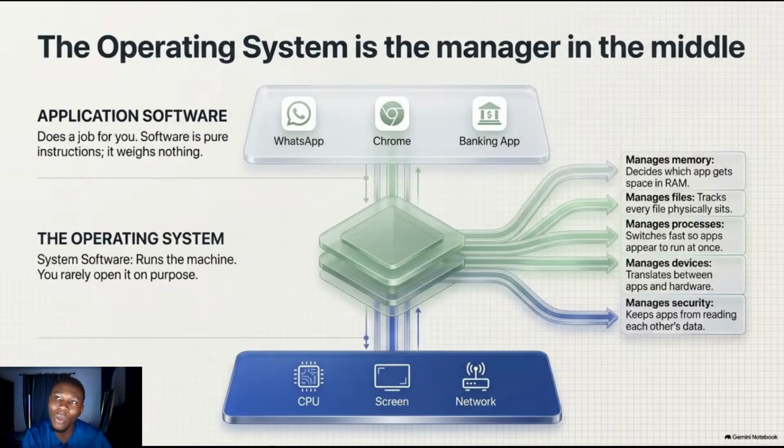So as a programmer or someone who wants to do software engineering, you would have to understand how operating systems work. You have to understand the core functionalities of a device, right? So when you look at an application software, every application has an operating system.